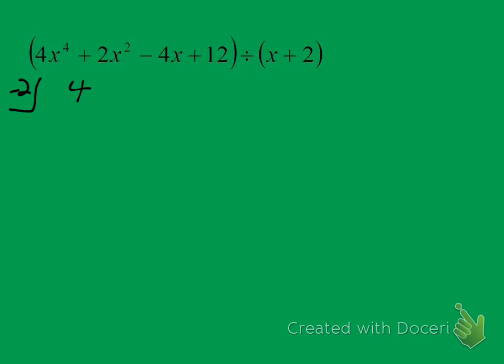So, how can you put in an x cubed without really putting in an x cubed? Put a 0. A 0 x to the third. You sneaky monkey. 4, 0, 2, -4, and 12.